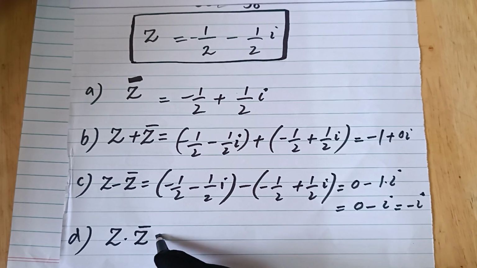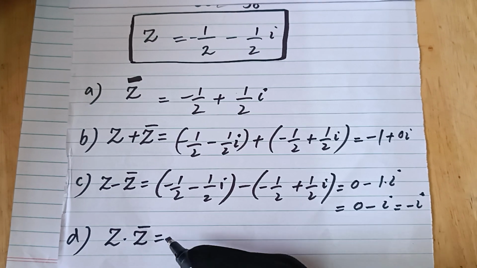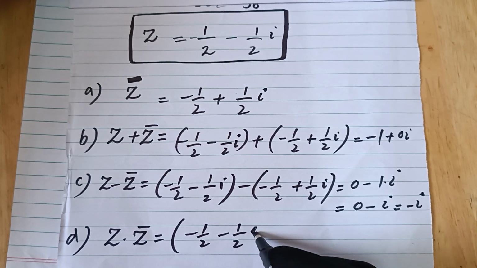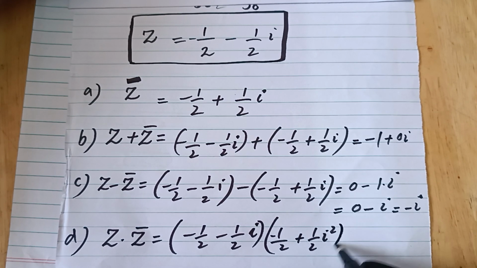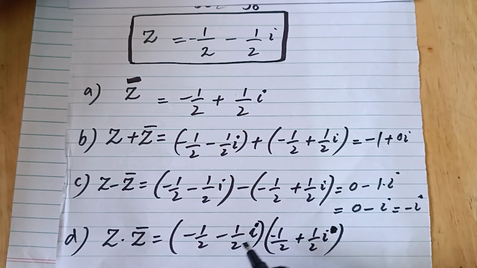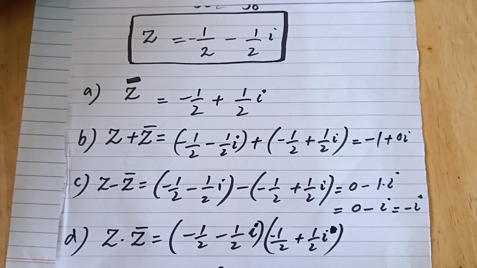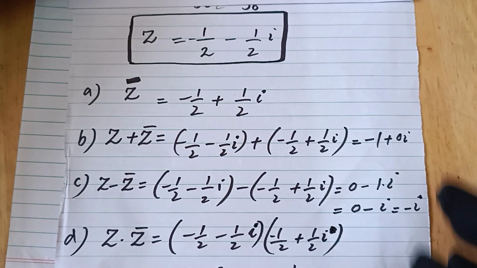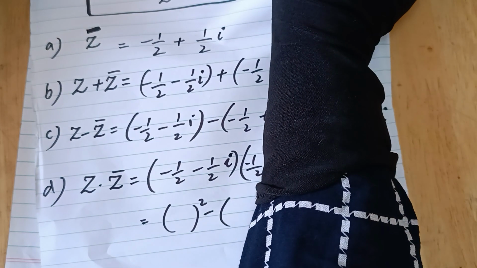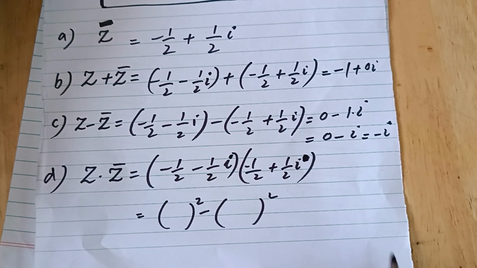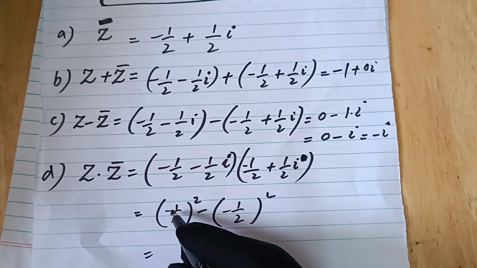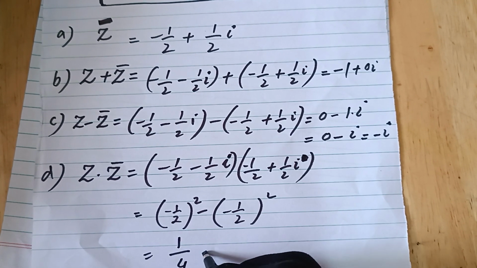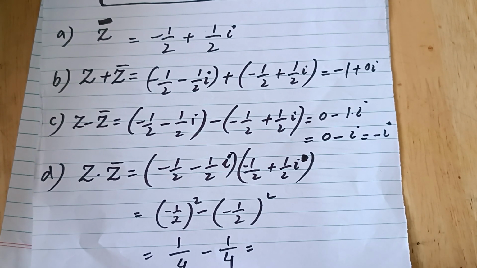Multiply Z by its conjugate. Write down its conjugate, becoming a minus b iota and a plus b iota, so a square minus b square will be there. A is minus 1 by 2 and B is minus 1 by 2. This will become plus 1 over 4, plus 1 by 4 minus 1 by 4.